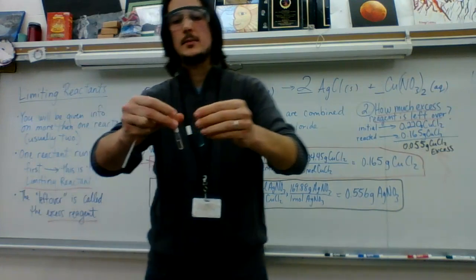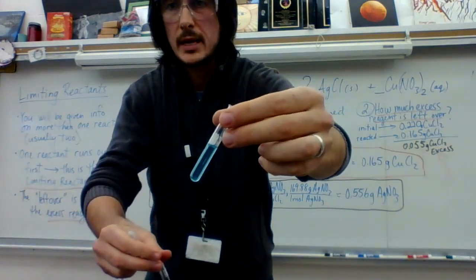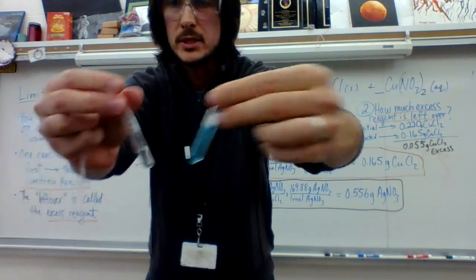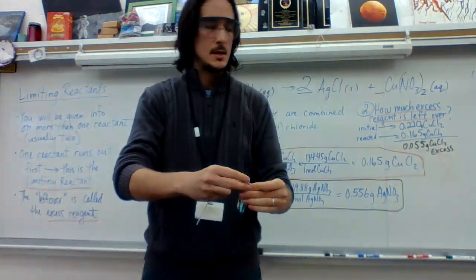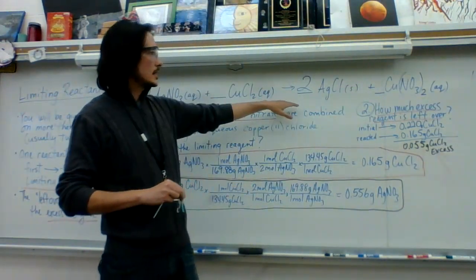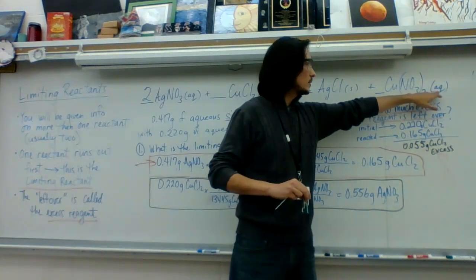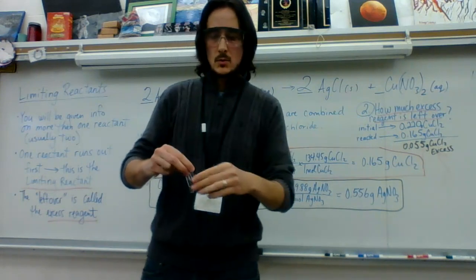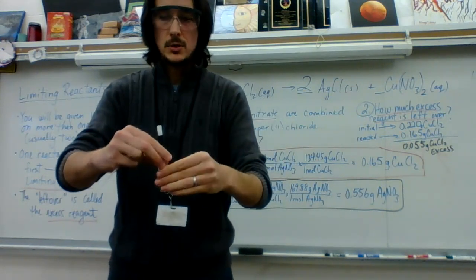Anytime you look at a chemical reaction, try to think of what it actually looks like. You should see something that's clear if it says aqueous, and these look clear. But if we look on the product side, we see one substance that's aqueous, but the other substance is solid. So we're going to expect that we're going to see some cloudiness to it.